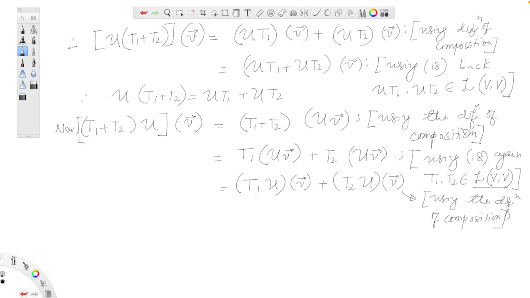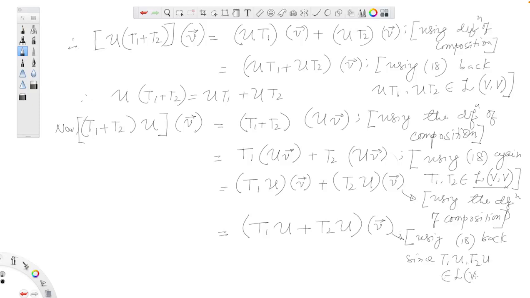Okay, and this is equal to (T1 U plus T2 U) acting on v, here using 18 backwards, since both T1 U and T2 U are linear operators on the vector space V, so we can add them up using 18.